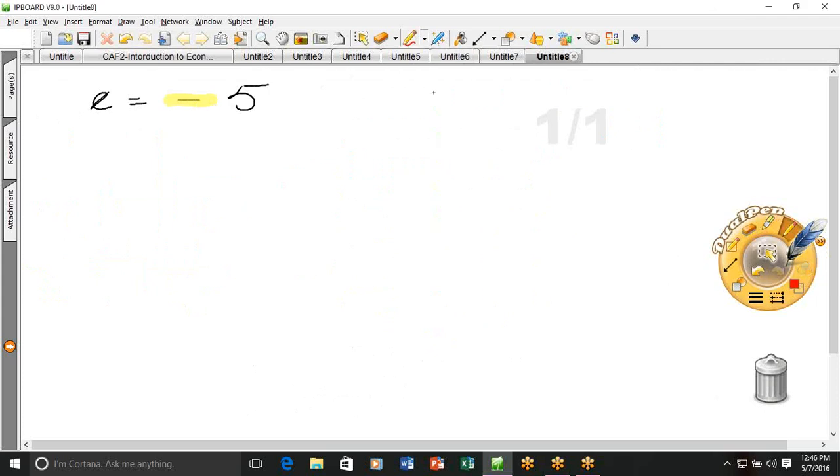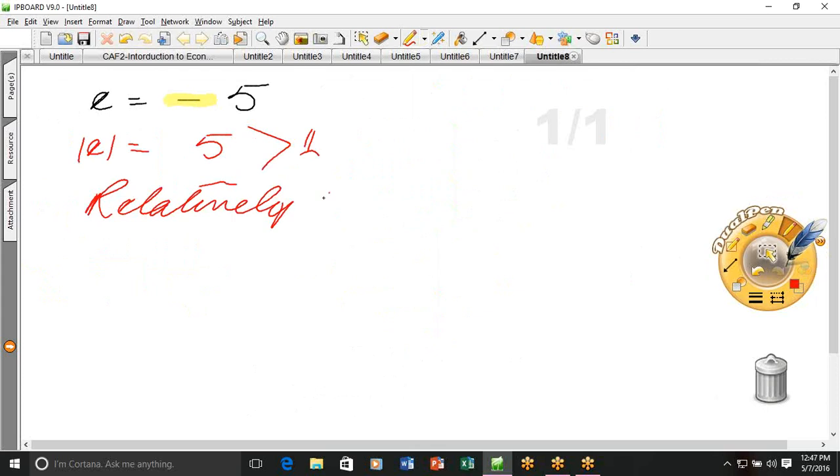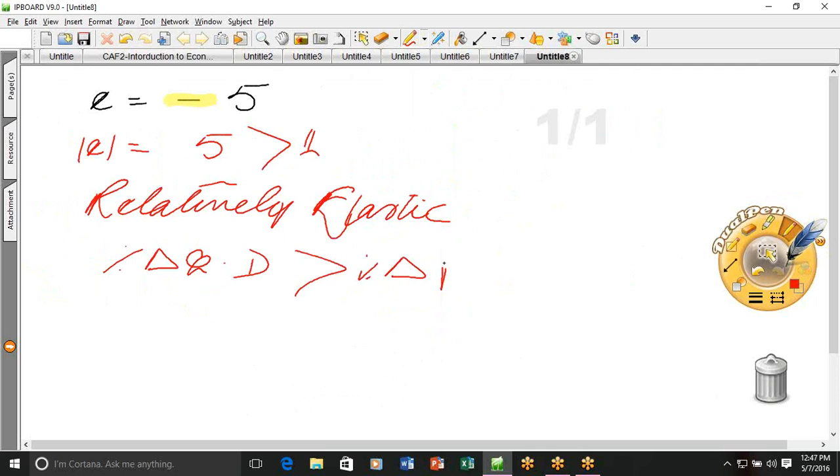And we can ignore it by absolute value, that would be 5, and by comparing with 1 it is relatively elastic, means percentage change in quantity demand with price. So it is all about the price elasticity of demand.